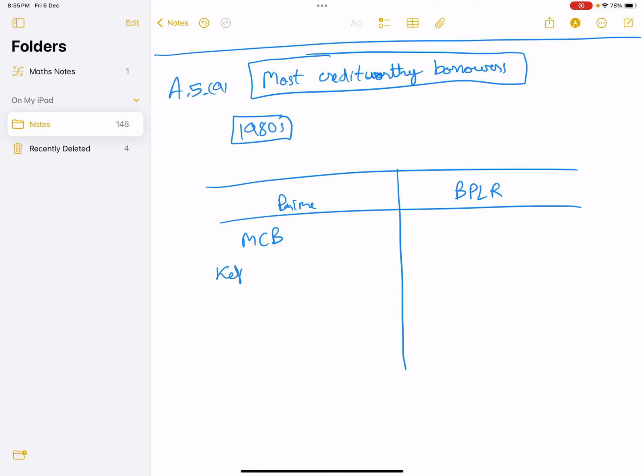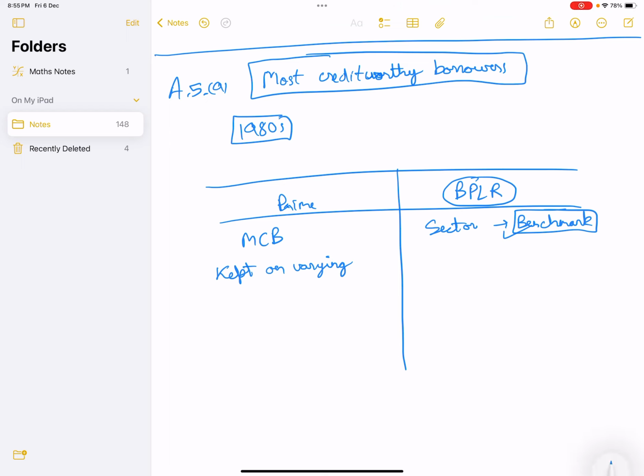The spread and the prime lending rate kept on varying between the different banks. So every commercial bank had a different prime lending rate. The spread was different. So this was introduced so that for a particular sector, a benchmark is set for the prime lending rate. So all the banks are supposed to follow this benchmark instead of choosing their own interest rate.